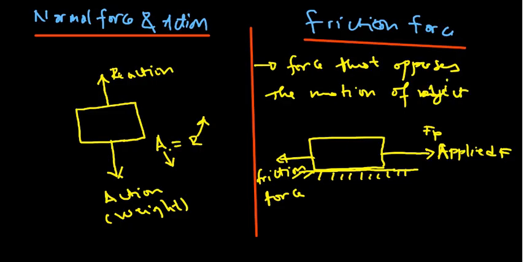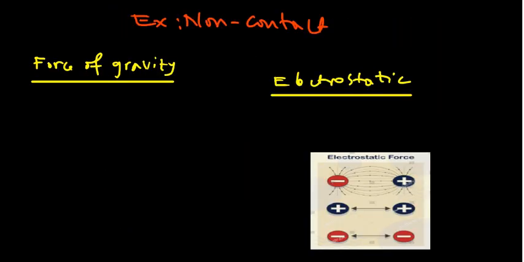When you are moving in a forward direction, this friction always opposes your very motion, which means it pulls you backward.